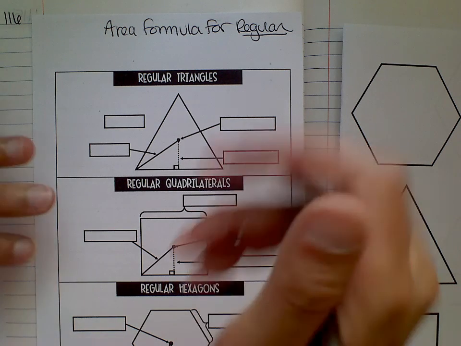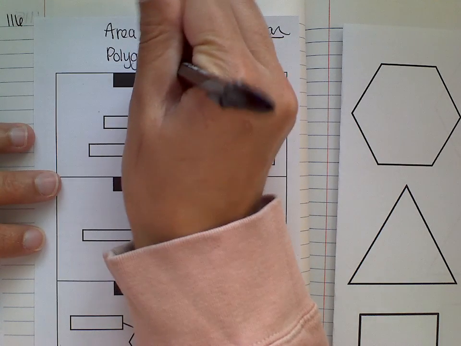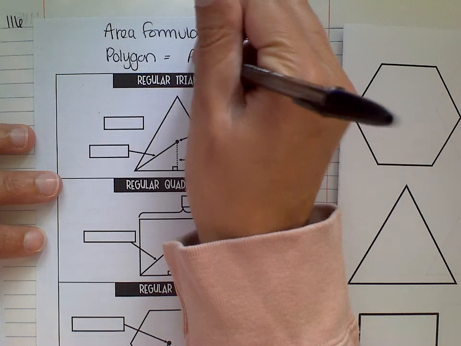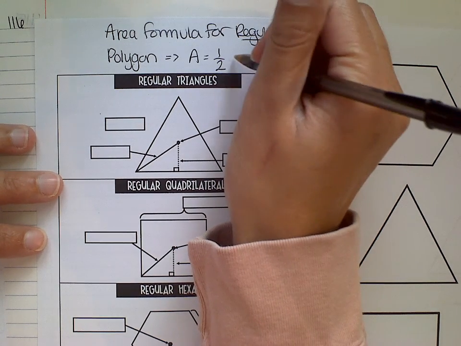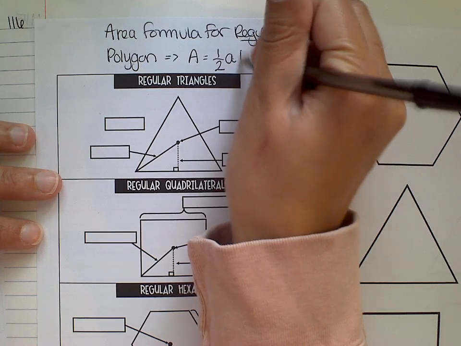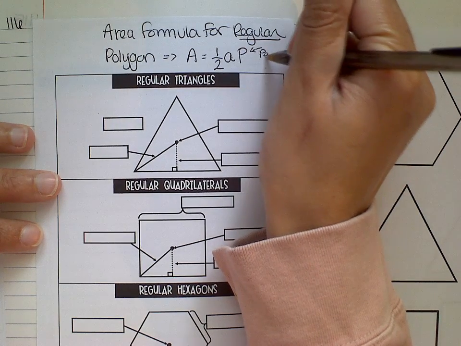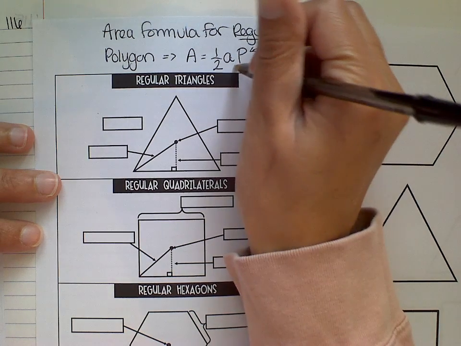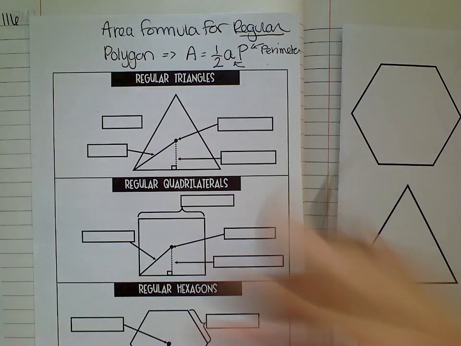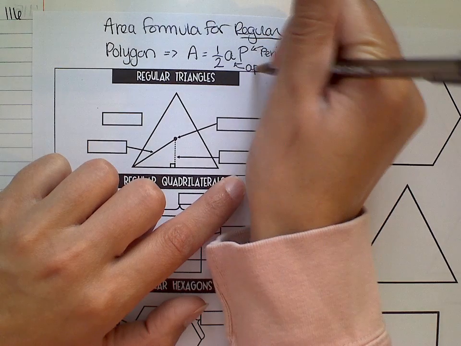So an area formula for a regular polygon is half AP, where P stands for perimeter, so that's super easy, and A is this new thing that we're going to take a look at right here called an apothem.